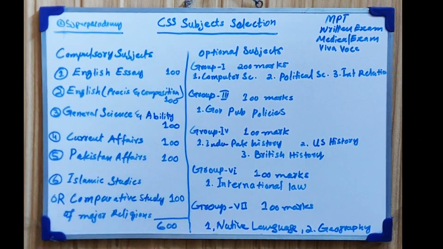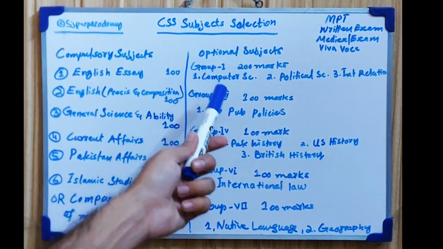There are 12 groups, and from each group a candidate has to select subjects according to his understanding, according to the knowledge he already has. So there is flexibility to choose the subjects that he thinks he will do very well in. Those subjects are divided into groups.